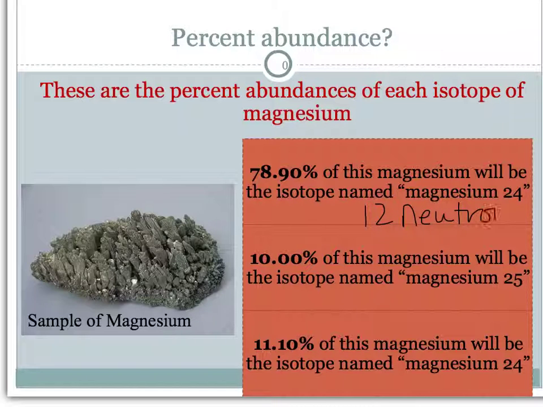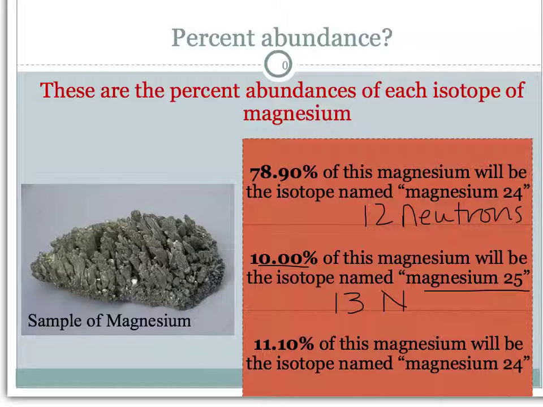So 79% of the time, rounded up, we're going to find magnesium with 12 neutrons. 10% of magnesium, however, will be magnesium 25, and in that case we would have 13 neutrons.